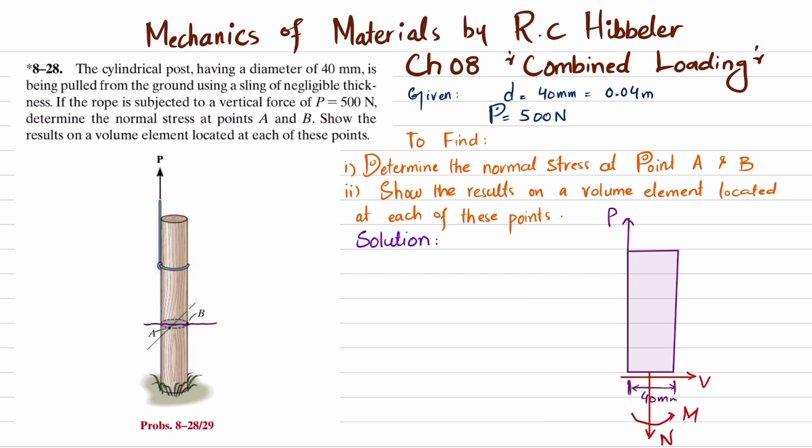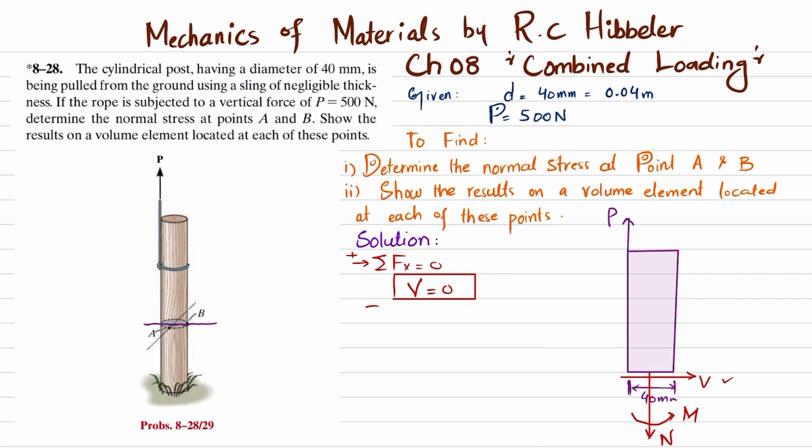Okay, so you can see that for finding the shear force, the sum of all forces along the horizontal direction must be equal to 0, and force in this direction is taken as positive. So only V is acting horizontally and there is no other force, so it means that the horizontal shear force is equal to 0.